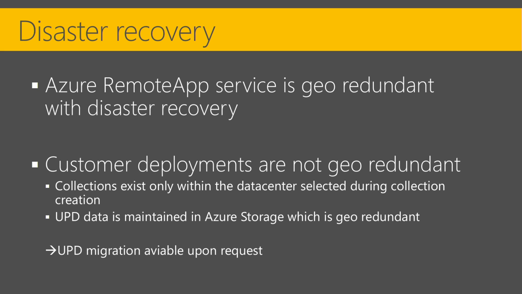What we've seen customers do, because they would like redundancy, is deploy Azure RemoteApp as their live site in, let's say, West US. Then in East US, they'll have another identical deployment, but they won't assign all their users to it. That's their DR situation: if the West US data center is down, they'll assign all those users over to East US and be able to continue seamlessly.